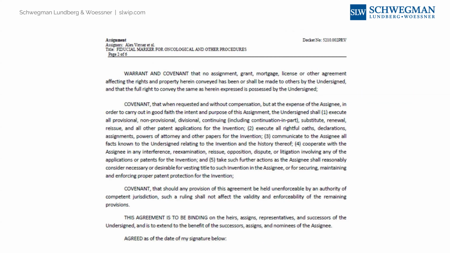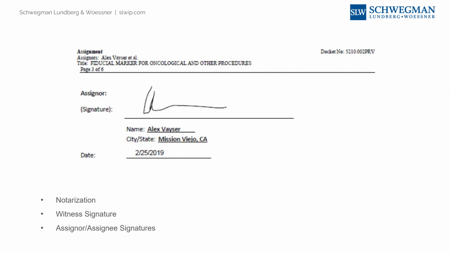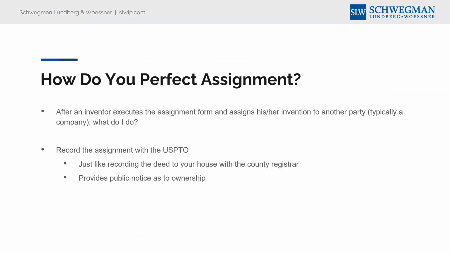Attorneys can whip this up pretty quick. You do need to notarize it and have it witnessed, but that's typically not the most cumbersome thing in the world to do.